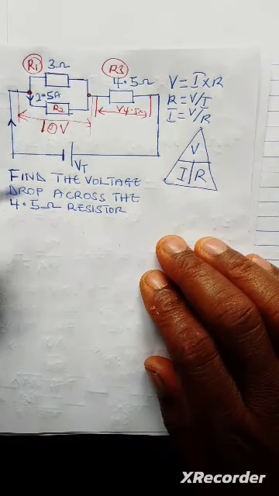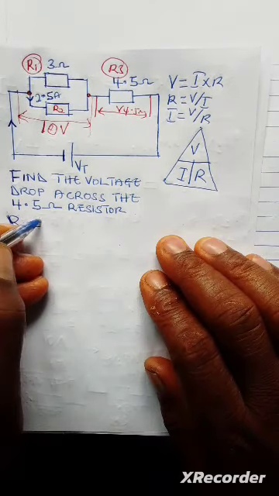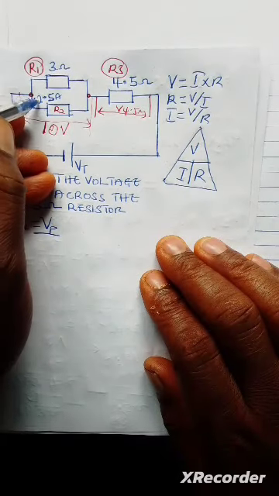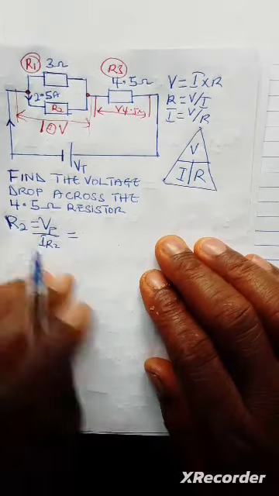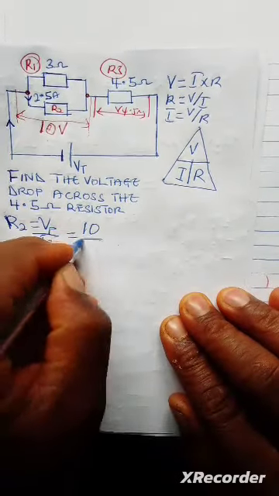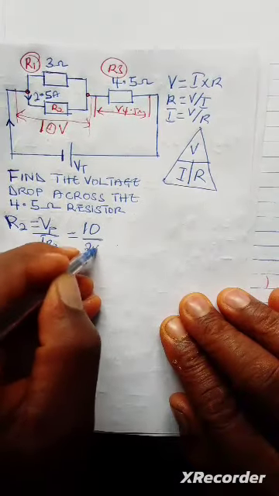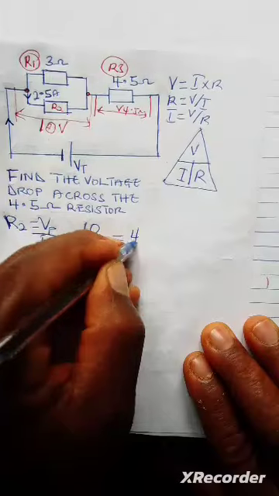Since this voltage is given, we say resistor 2 equals voltage across parallel, Vp, over the current flowing in R2. So it is going to be 10 over what? Our current in R2 is 2.5. So 10 divided by 2.5 will give us 4 ohms.